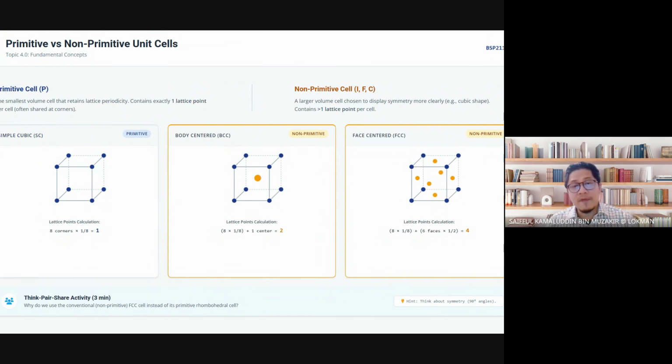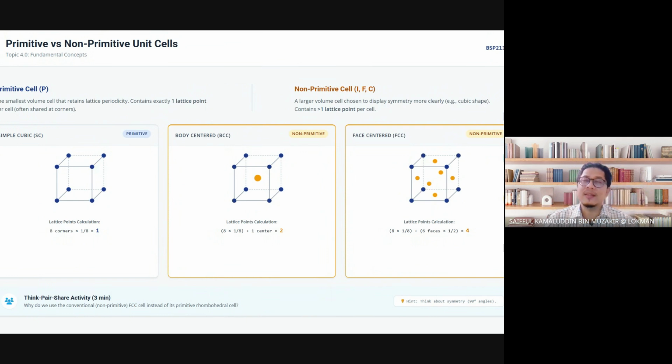Look at the slide. We have 4. Why 4? From the corners, we have 1/8 times 8, so we have 1 from the corners. And from the faces of the cube, there will be 1 atom at each face of the cube. So in one cube, we have 1, 2, 3, 4, 5, 6 faces, and at each face, the atom is divided into 2.